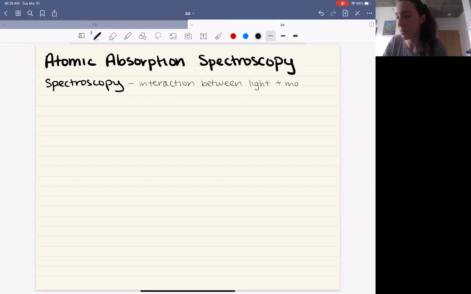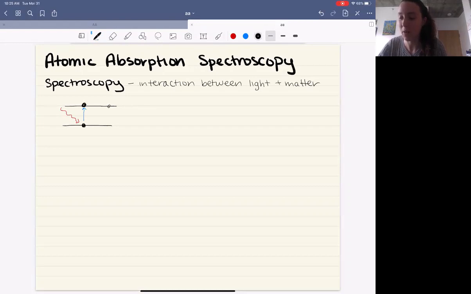Light and matter. So you may remember from a very basic general chemistry understanding, we might have something that has two energy levels and an electron in one level. And if you bring in a photon of the appropriate energy, it can excite that electron up to a higher energy state. Okay?